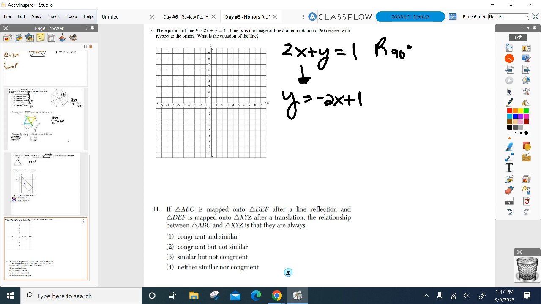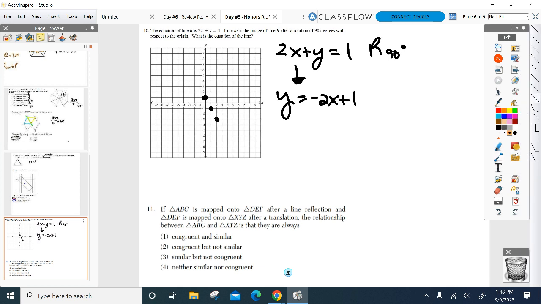Why don't I put the graph there, right? I know it's optional, but hey, why don't we take a look at what this bad boy looks like? 1 on the y-axis, and then where should I get some more points? Down 2 over 1. Down 2 over 1, yep. So this is the line I'm asking you to rotate 90 degrees.